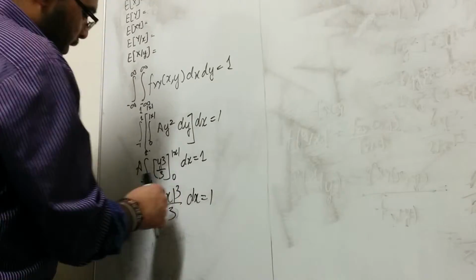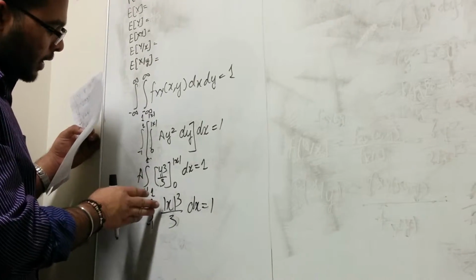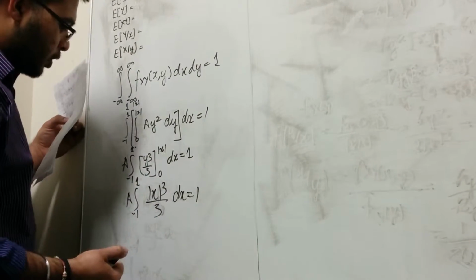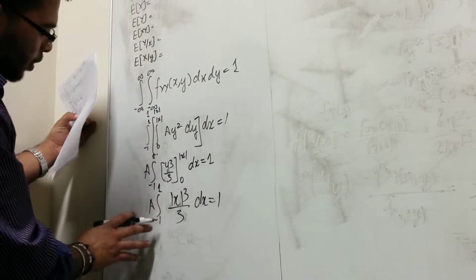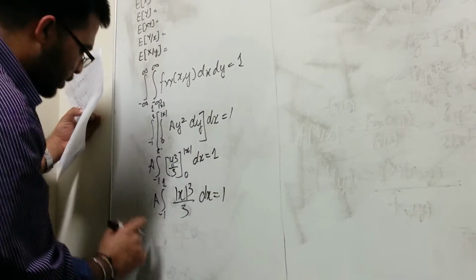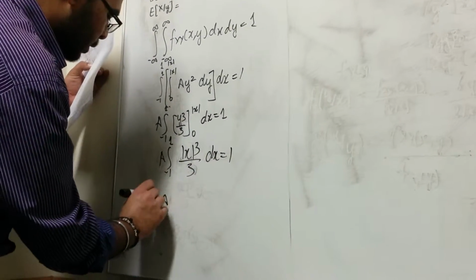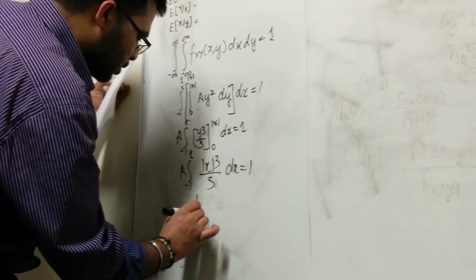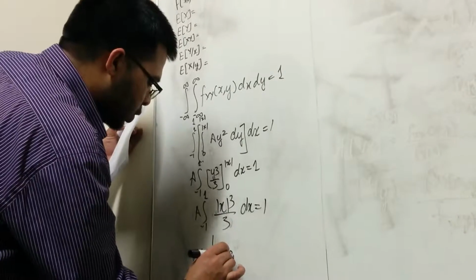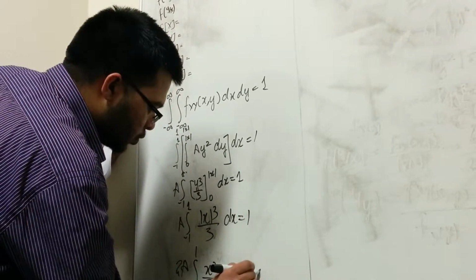As it is an even function, because whatever value goes inside mod x, only a positive value would come out, we can remove the mod and break the limit from minus 1 to 0 and 0 to 1. On combining these two, I would get 2a, for breaking the limits, 0 to 1 x cube upon 3 dx equal to 1.